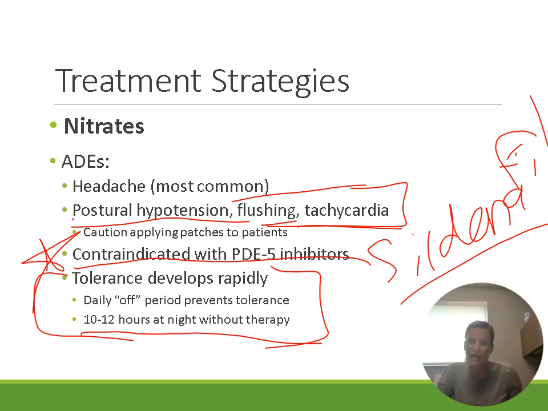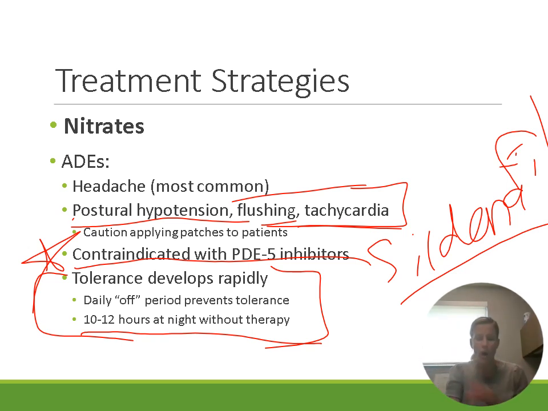One thing to note, guys, for variant angina, like the Prinzmetal angina that's caused by vasospasms, nitrates work good for those patients. It's rare, but for those rare patients that exist, nitrates work good. But the off period for variant angina is in the afternoon. The reason for this is, for whatever reason, the vasospasms tend to be worst in the morning.